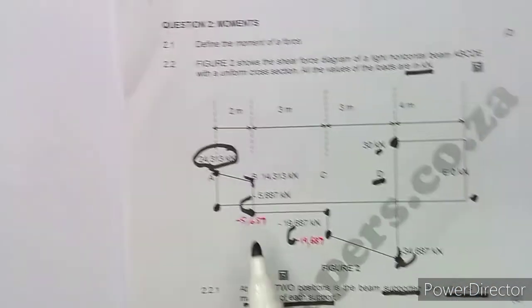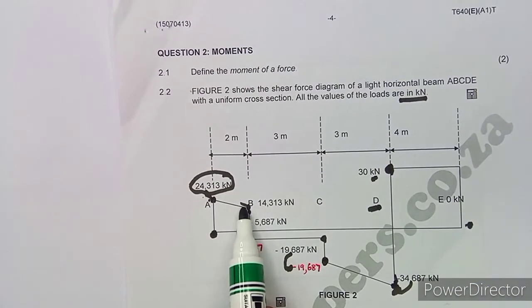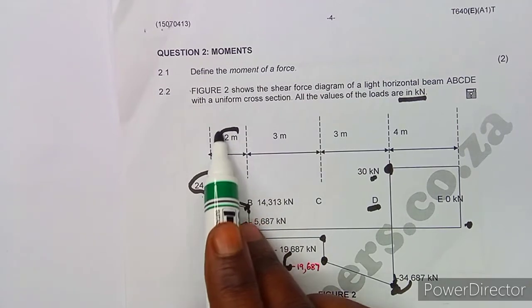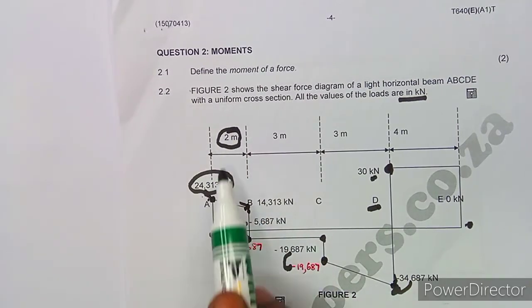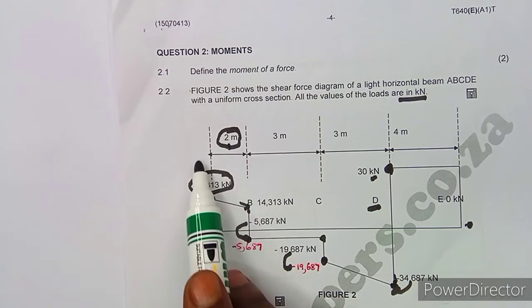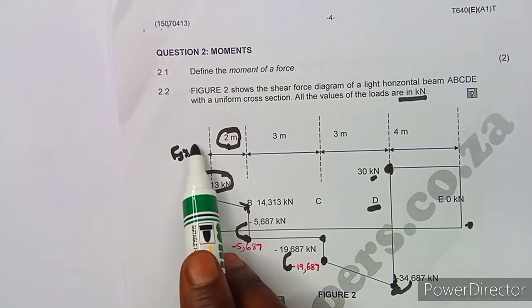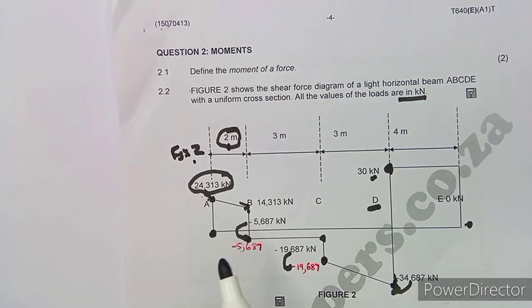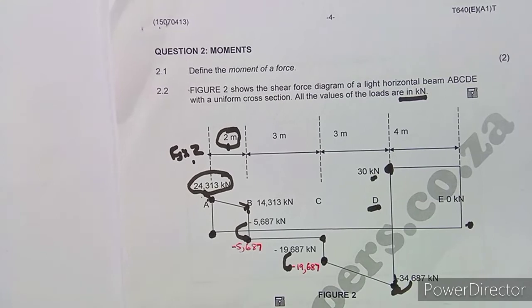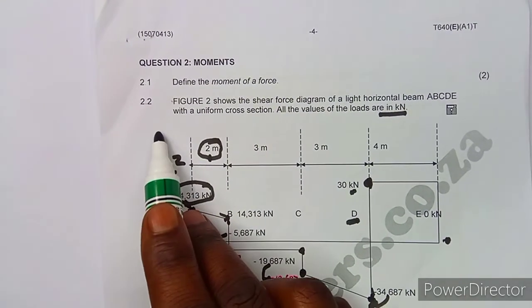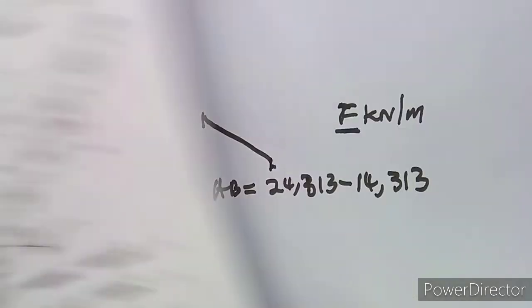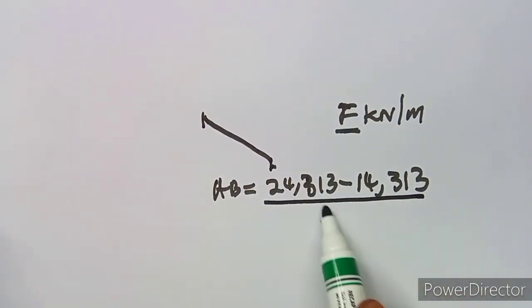But remember that you multiplied before in order to obtain the force that you had to subtract here. So now you are not going to multiply but to divide by the distance. You multiplied, remember, force times the distance of 2 meters, but now you are going to divide so that you obtain the actual force per meter, because you want the force that is required per meter. So everything you divide by 2.